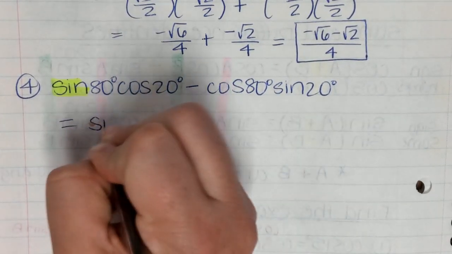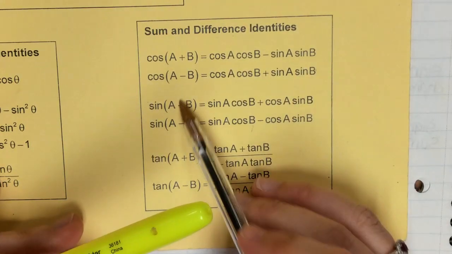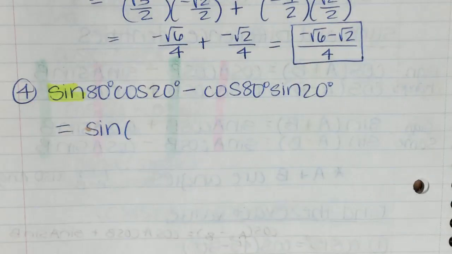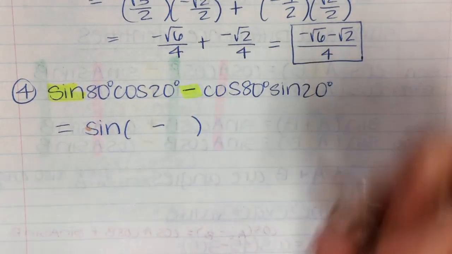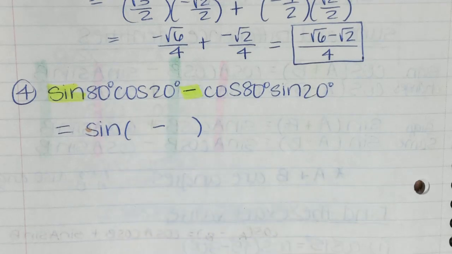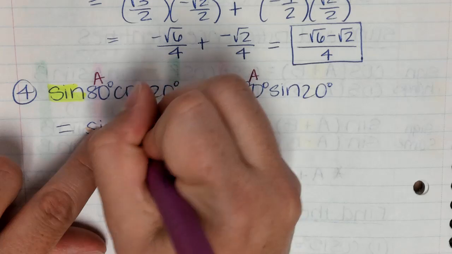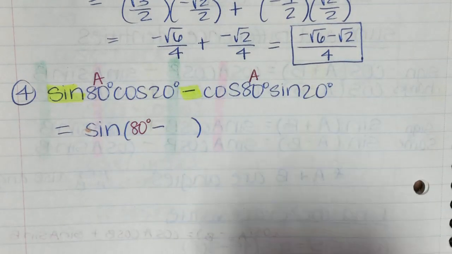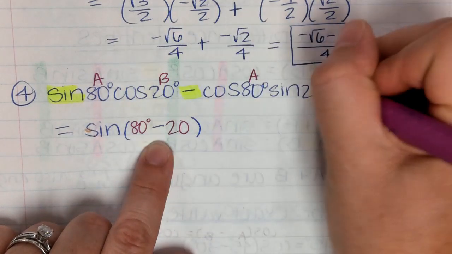Then is it going to be sum or difference? How do you know? There's a minus sign, so it's going to be equal to the sine of something minus something. Now, what is that first angle? 80, because here's your A. So 80 is my A, minus 20 is my B.